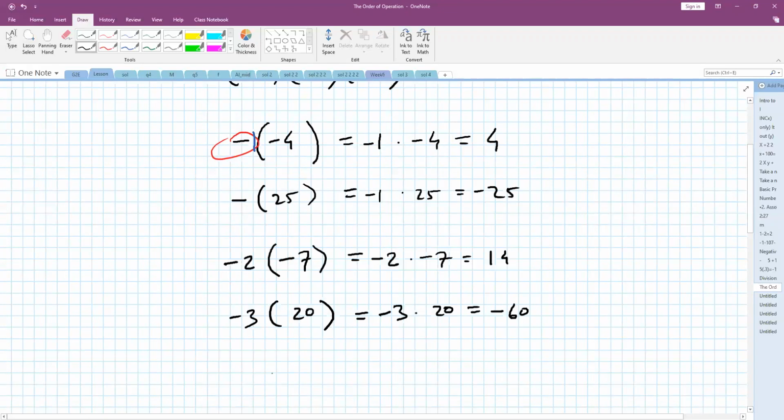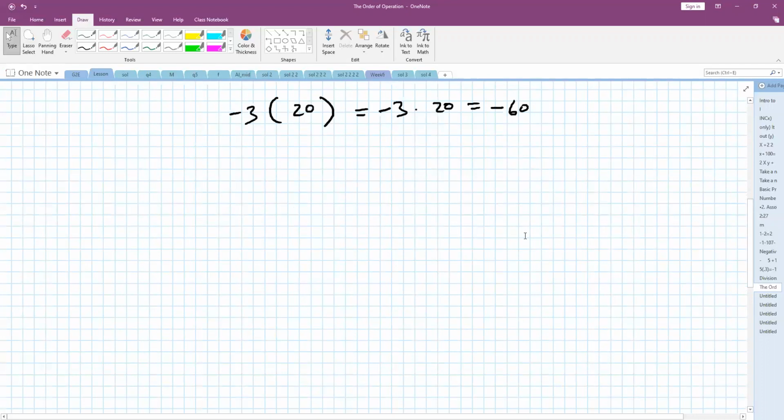The first usage here is when you have a negative number in front of something, you can put a bracket. But the second thing is actually when you use a bracket, that tells us which operation we need to do first.